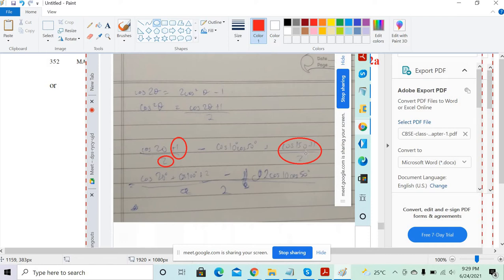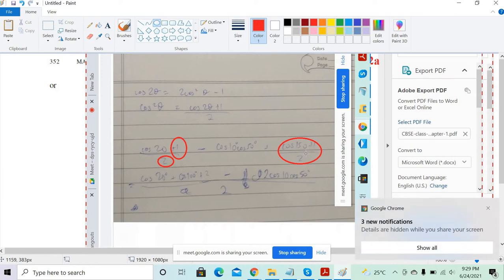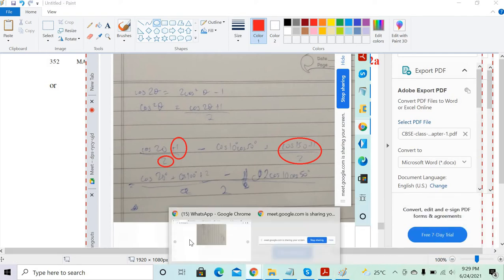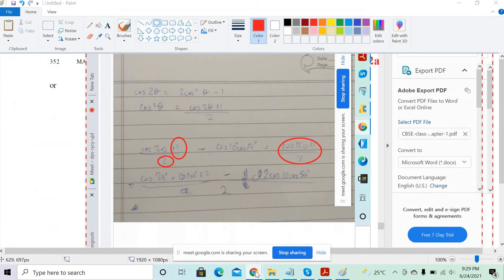It should come 1 plus 1 by 2, why 1 plus 1? Yeah, cos 60 you applied 1 by 2, right? Let me see what you sent here. We can find out where you went wrong.